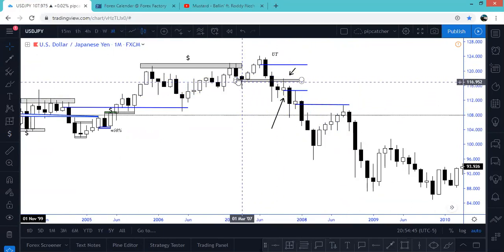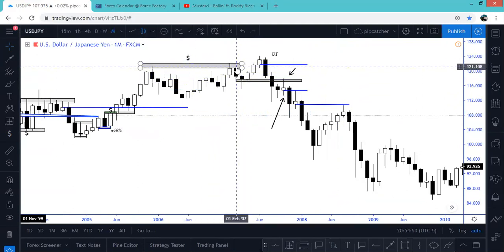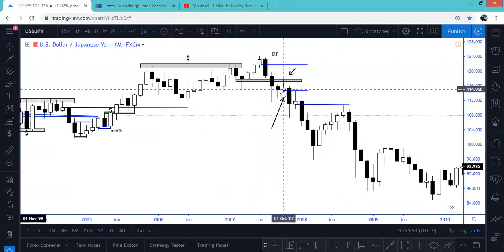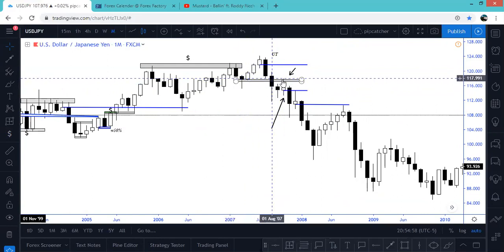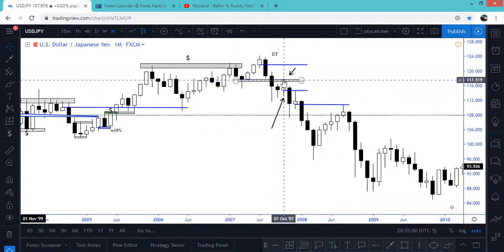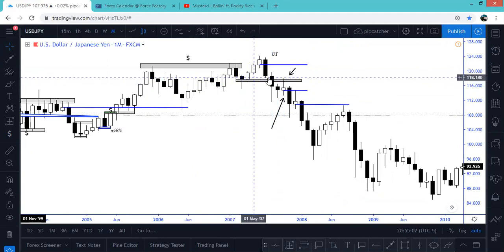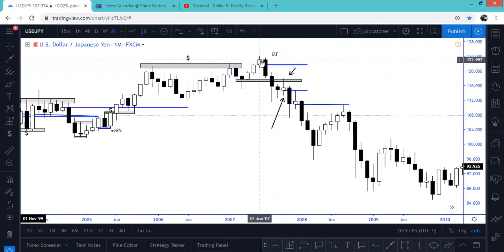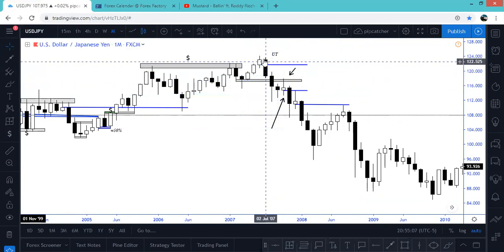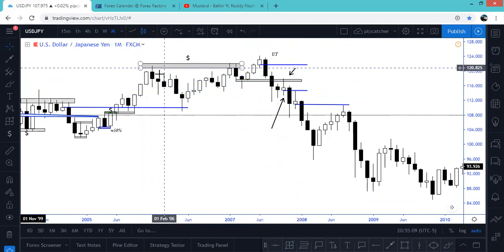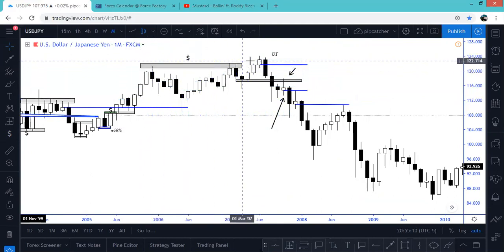Even minor stuff like this. Because this is monthly, so this is 1, 2, 3, 4, 5, 6, 7, 8, 9 months, almost a whole year for this entry. Almost a whole year for this to break out of this kind of sideways channel.